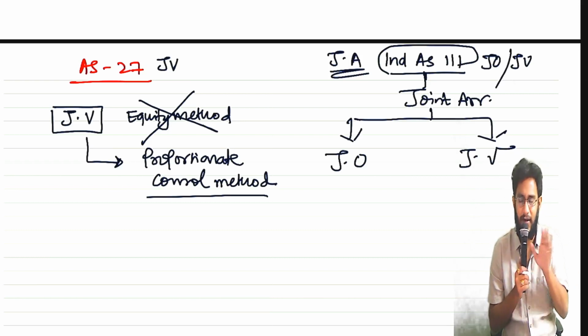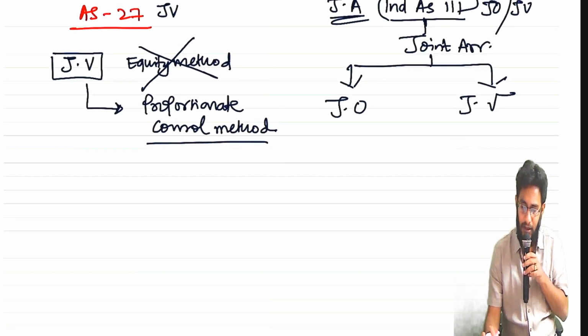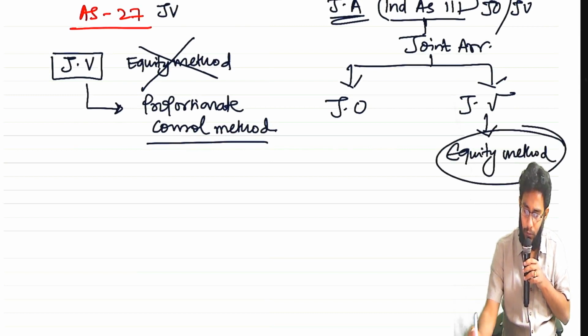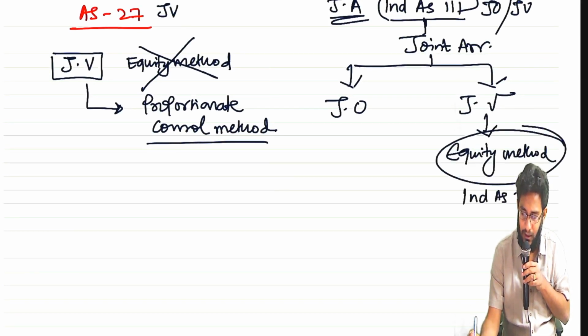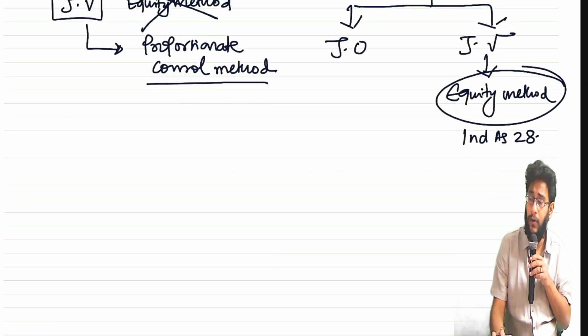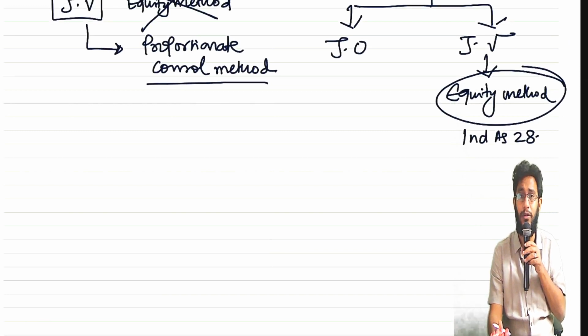If you establish that it is a joint venture, then you have to apply the equity method. How to apply the equity method is discussed under Ind AS 28. Whatever you do for an associate, the same thing you will do for a joint venture.